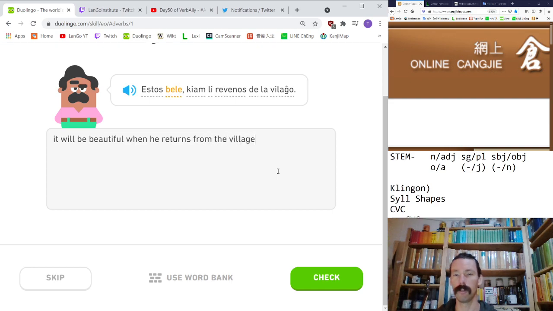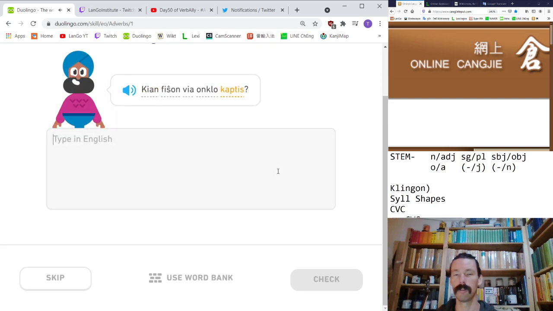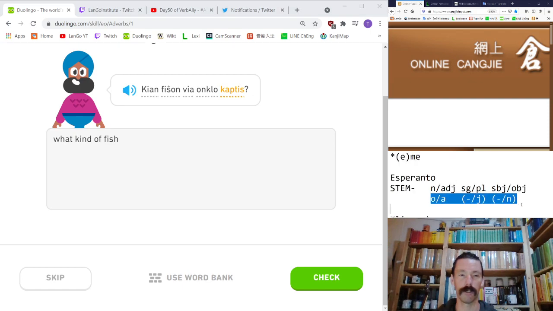Kian fiŝon via onklo kaptis? Kian. Singular object. Which fish? Yeah, what kind of fish? Fiŝon, singular object. Keep this scheme in mind. Here are the markers that I'm highlighting.